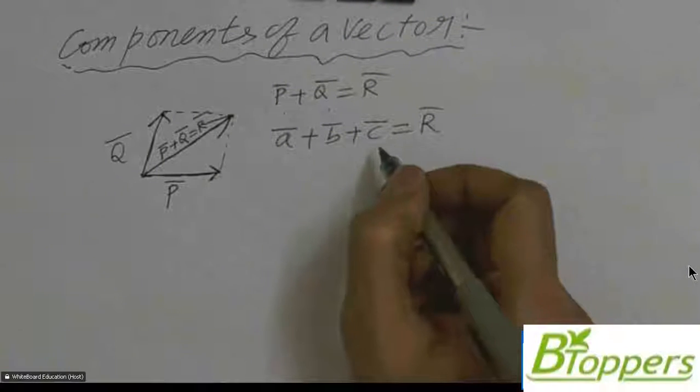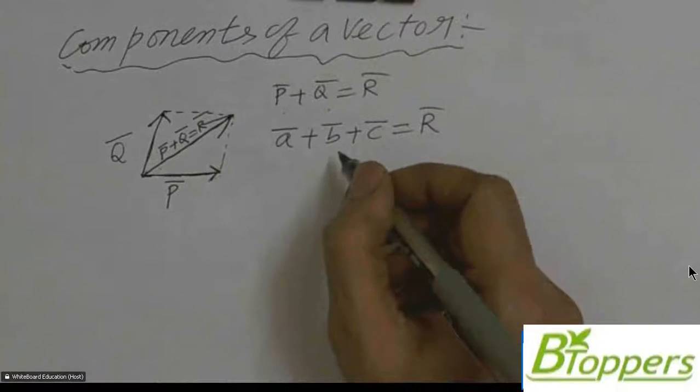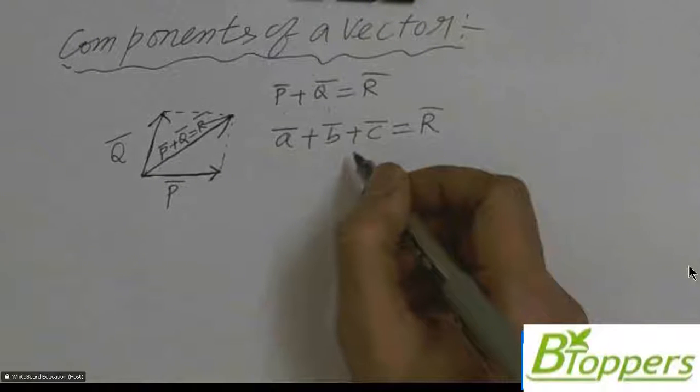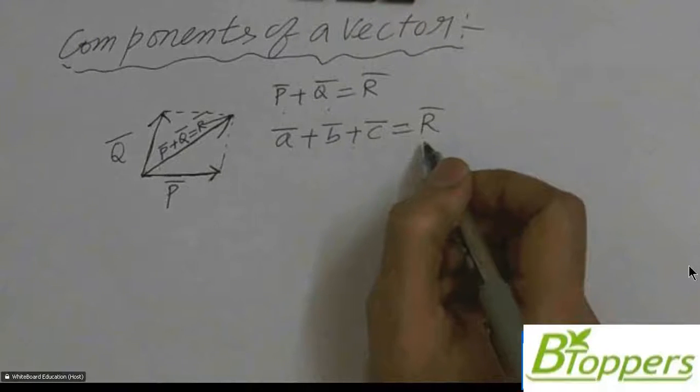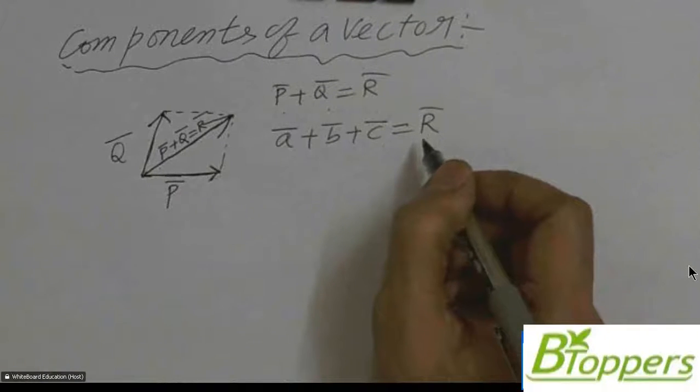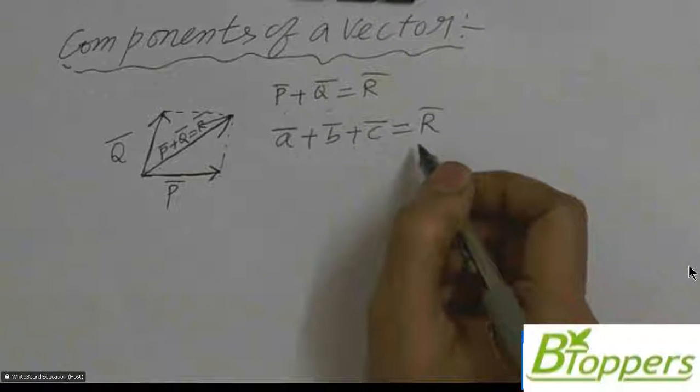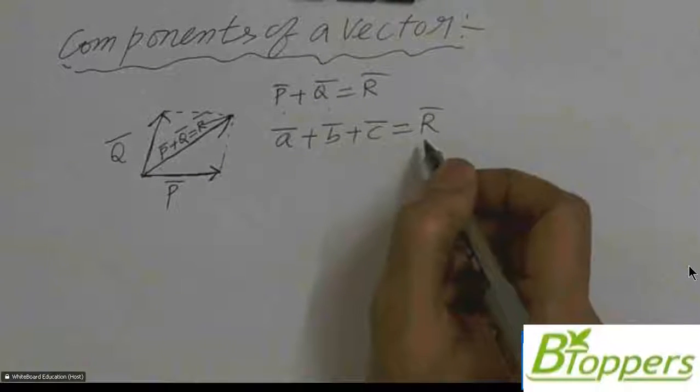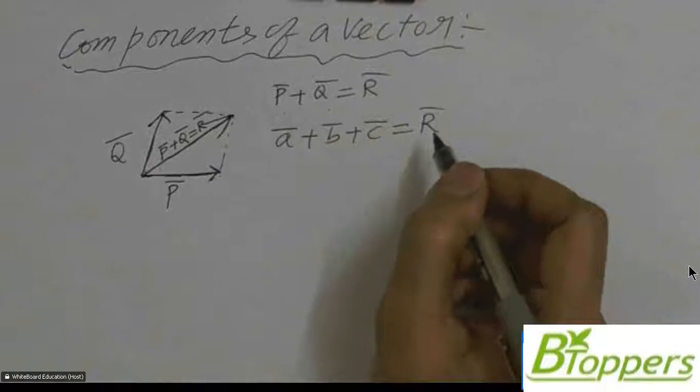That means in general, those vectors whose vector sum gives the vector r bar can be called the component vectors of r bar. Initially in our applications, we discuss only two components of a vector.